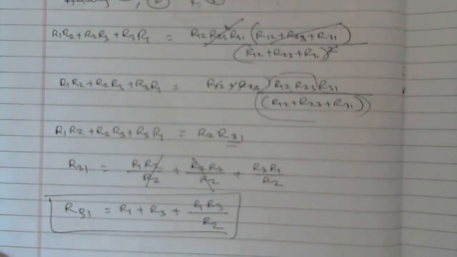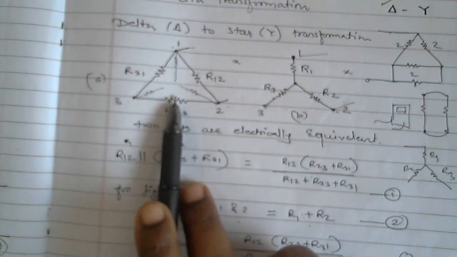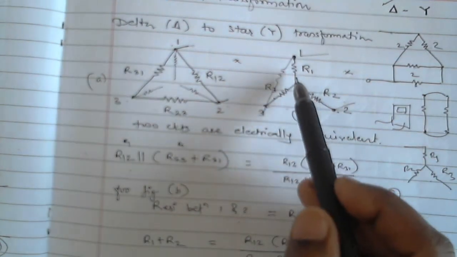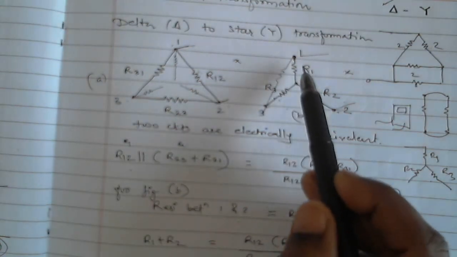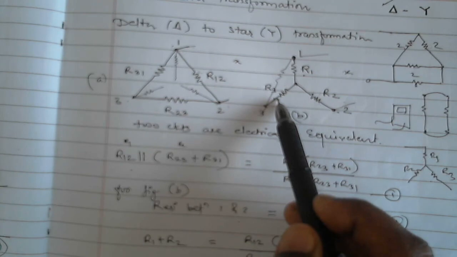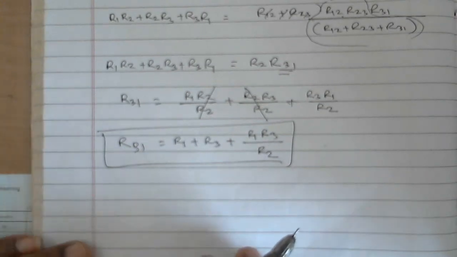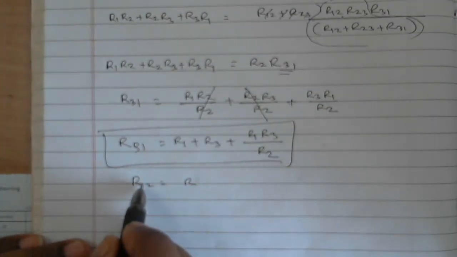Okay, so if a star network is given, then how to find delta? If you want to find the R31 resistance, then it is R1 plus R3 plus R1 R3 divided by R2. Are you getting it? In a similar way, you can write the equations for the other parameters also. R12 equal to, see, by name also you can find it out.